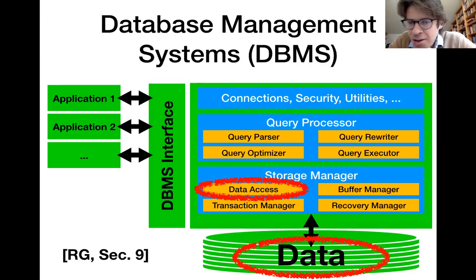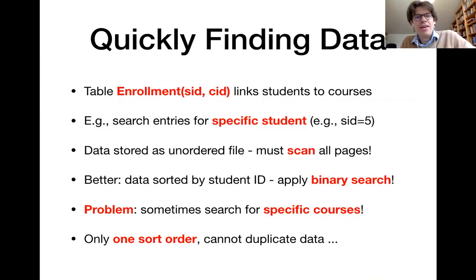The relevant chapter in the Ramakrishnan and Gehrke book is chapter 9 for what we discuss in this slide deck. And the problem that we will be looking at in the following lectures is the problem of quickly finding specific entries in your data set.